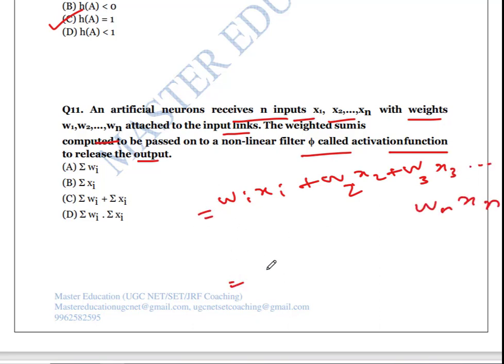So you can write this as sigma wi xi. This weight and this x you have to multiply, and then this weight and this x value you have to multiply. So the option is sigma wi xi.